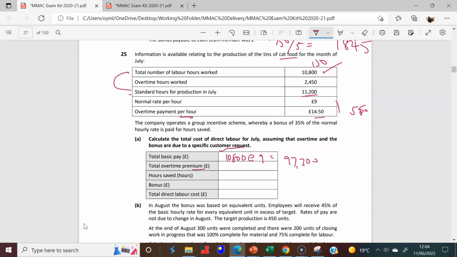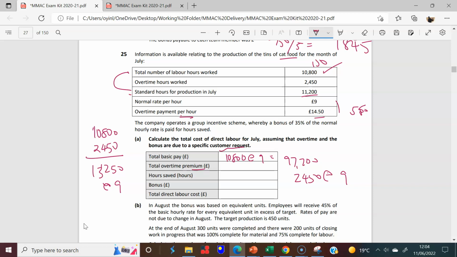Actually, sorry, forgive me, I haven't quite finished, because you have here the 10,800 hours, of course, and then you also have to pay them on the 2,450. So 2,450 as well at £9. So really, I should add the two together, shouldn't I? Let me just do that again. 10,800 plus 2,450, add that all together, you get 13,250 at £9.